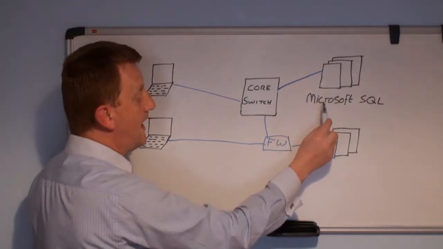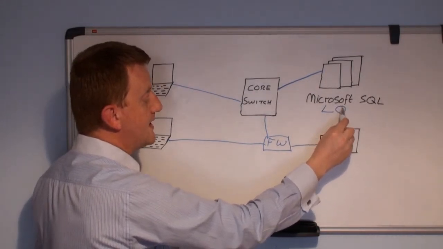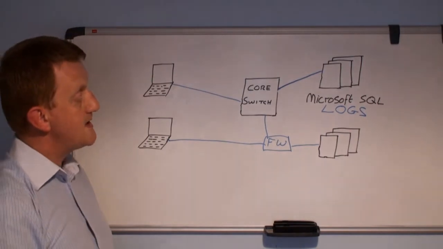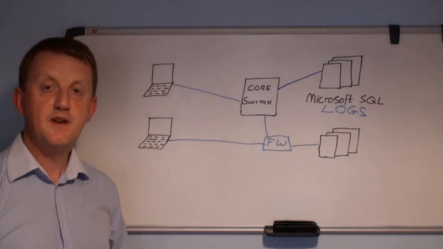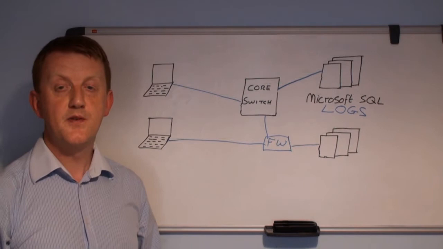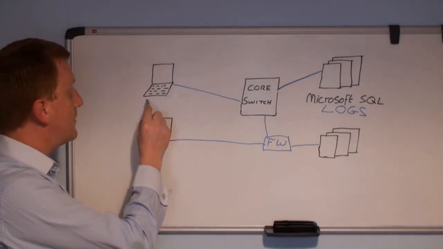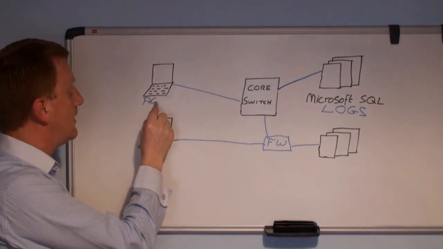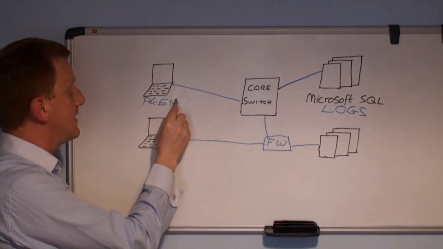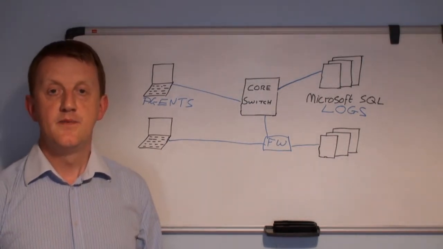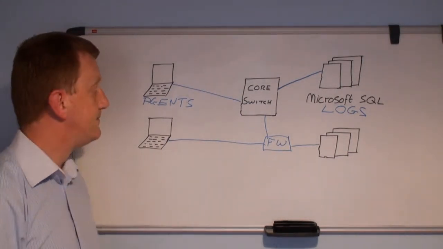We could enable logs on the database servers, so we could enable auditing. Now, by doing that, we may end up with very large log files, and it may also impact on the performance of the databases. We could install agents on the PCs connecting to the servers, so we could have some sort of an agent running that would log the activity to and from the database servers.